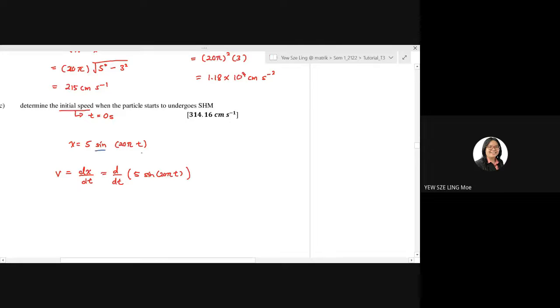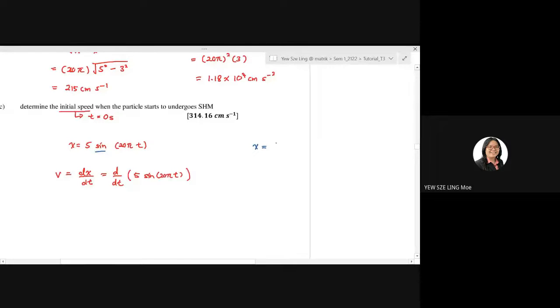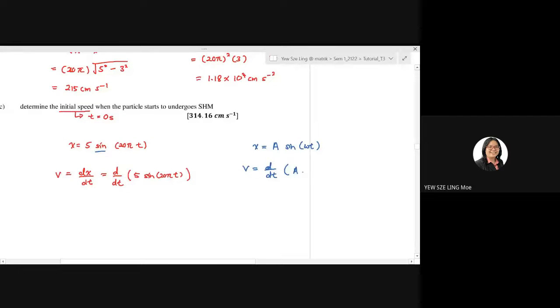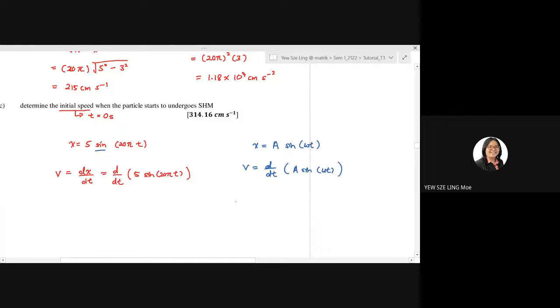Your x is in terms of sine without an initial phase angle, so our general equation is x equals A sine omega t. You can differentiate this general equation and then plug in the values. So v equals d over dt of A sine omega t. If you cannot differentiate with values, then differentiate the general equation.